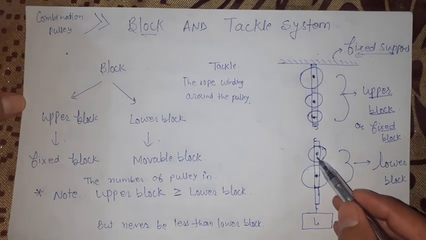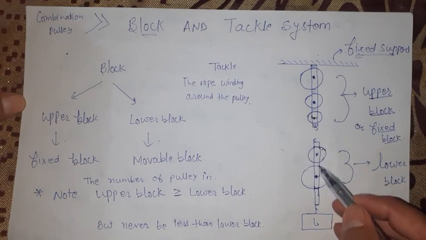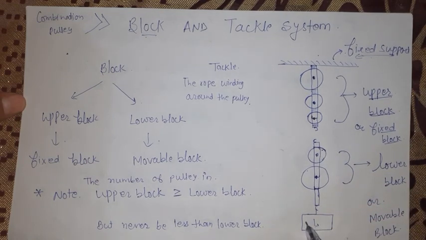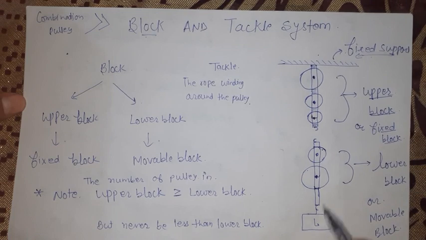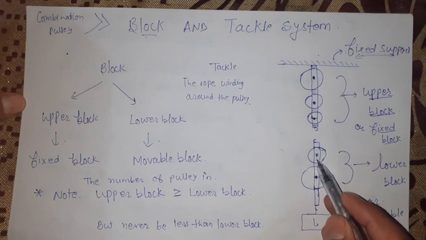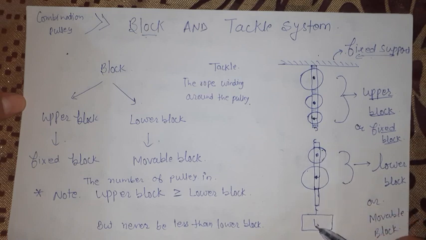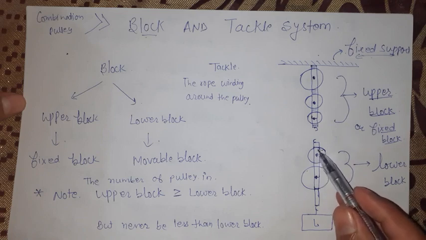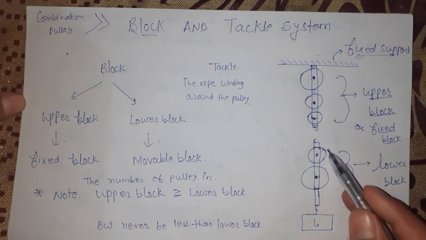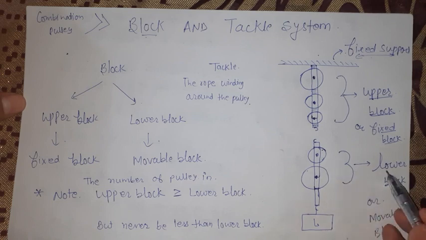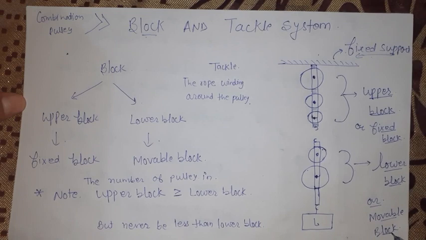Now the lower block, you will find, is connected with the load. In this lower block there are two pulleys. This block is attached with the load and can move up and down with the load. Therefore it is called the lower block, or the movable block.